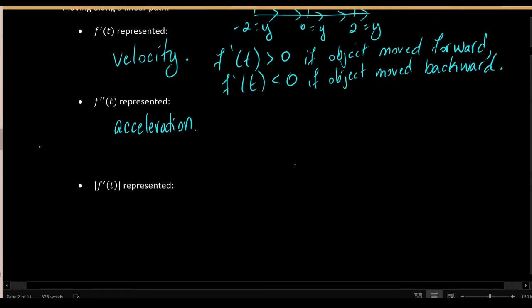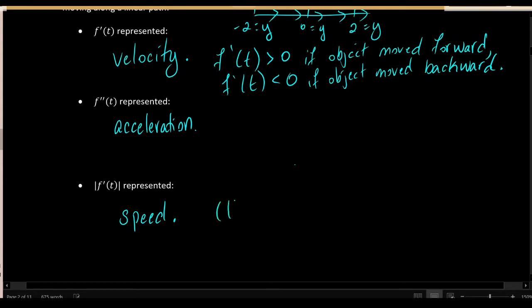Finally, if you just wanted to know how fast the object was moving, and you didn't care about the direction in which it was moving, then all you had to do was take the velocity and take its absolute value. The absolute value of the velocity, the absolute value of the first derivative of position, was what we called speed.